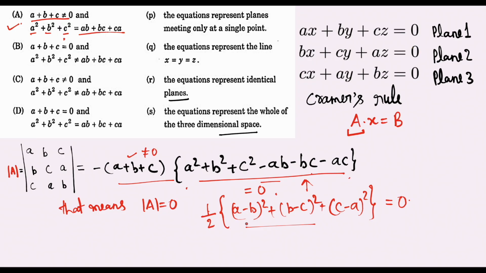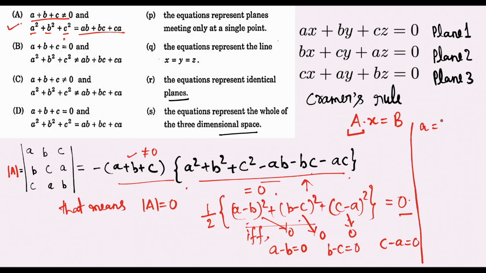What is that? These are all non-negative numbers because they are squares. So all the squares are summing up and giving 0. It can only happen when they are individually equal to 0. So a minus b is going to be equal to 0, b minus c is going to be 0, c minus a is going to be 0.